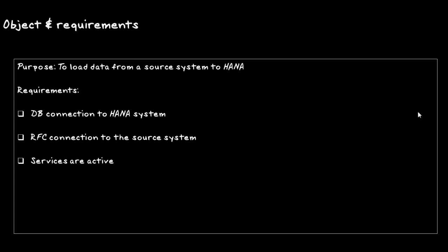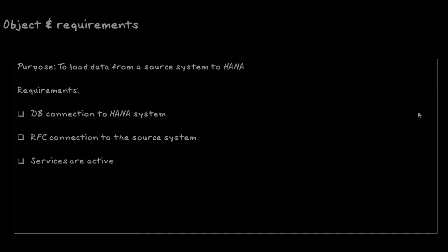If the source system is not a SAP system, then the database connection to the source system must be created instead of RFC connection. Last, some services must be activated in SAP LT using the transaction code SICF. The LT system used in this demo is on DMIS 2011 SP2, and the HANA revision is 35.